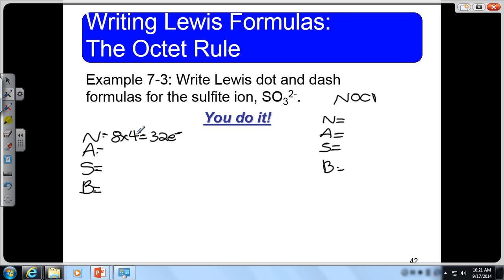All right, sulfur and oxygen are in the same group. Everybody see that? They're in group 6. So technically here we could say that we need 6 times 4. That's the first part here.